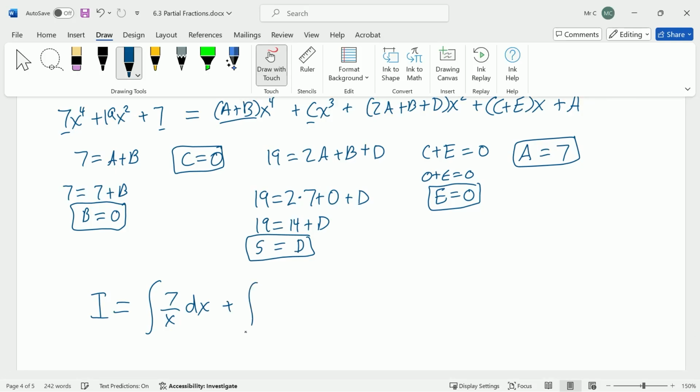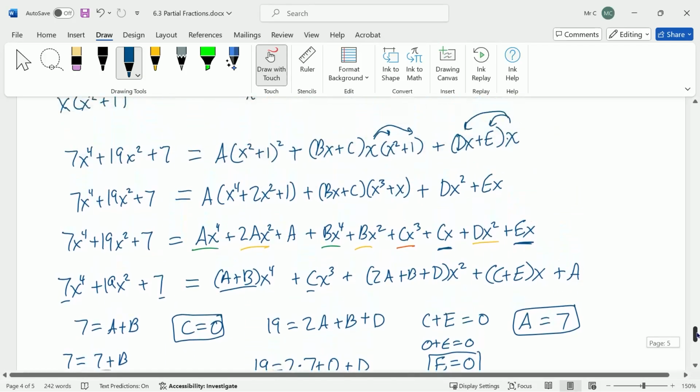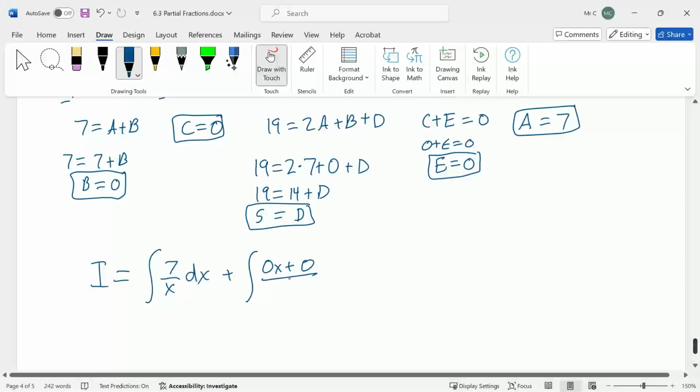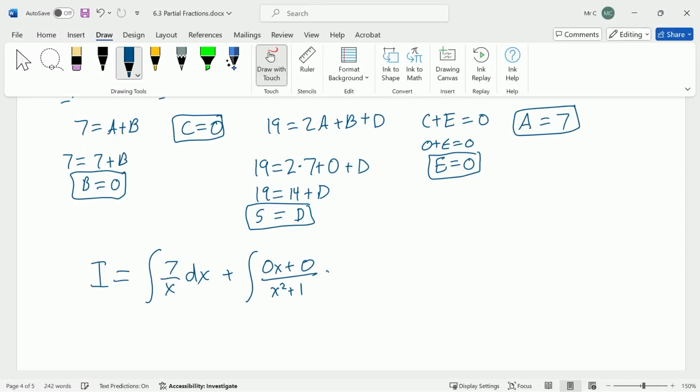I'm going to write it all out. 0x plus 0 over, what's my quadratic expression again here? x squared plus 1. Of course, this whole thing is just 0. And then plus the integral of, and now we've got d, 5x plus e, which is 0, over (x squared plus 1) squared dx.